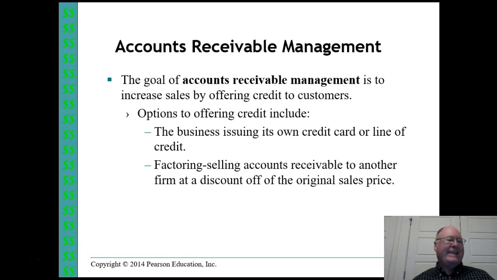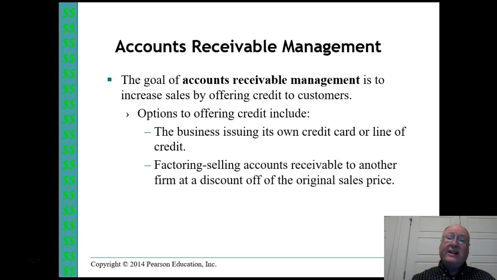Factoring itself can be, especially if a company is in some financial crunch, an effective way of getting some cash up front. But factoring in and of itself can be an expensive way of getting that cash. So again, you may or may not want to consider doing factoring.